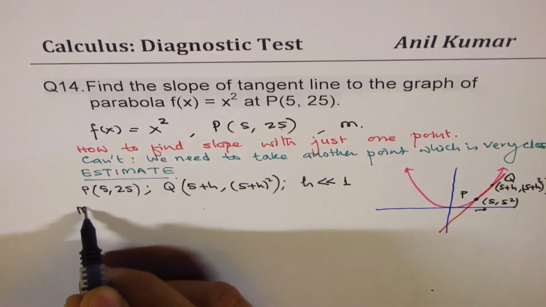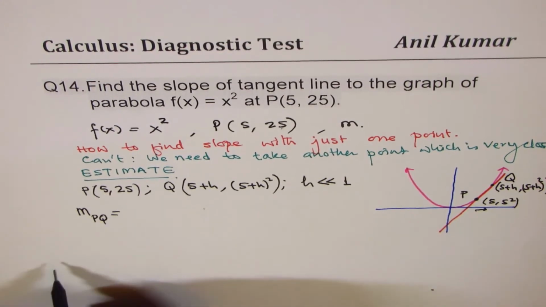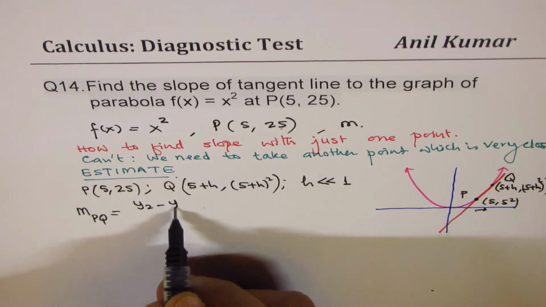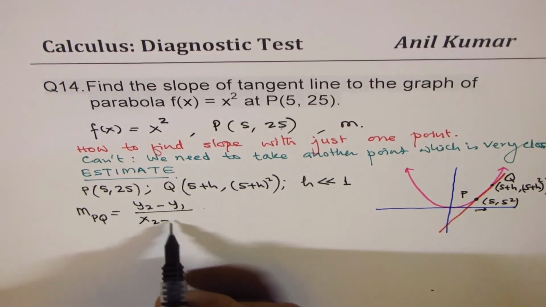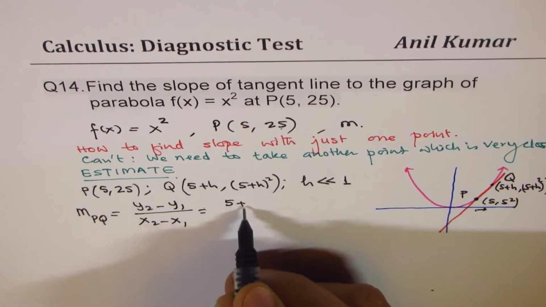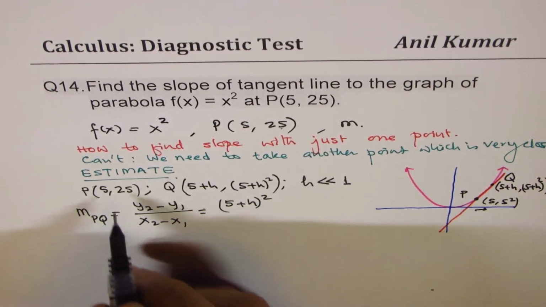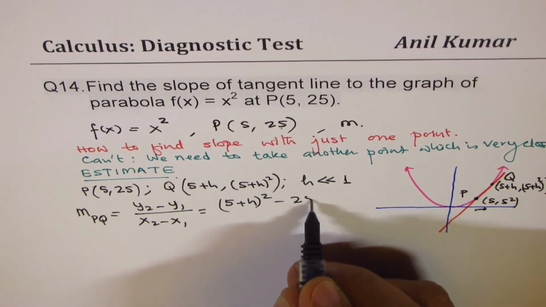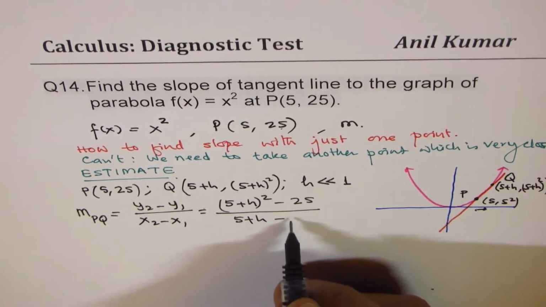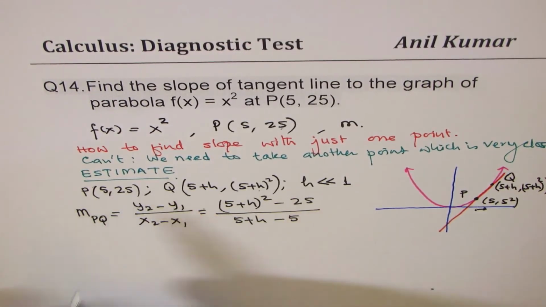So we can say slope between P and Q will be the same formula, y2 minus y1 over x2 minus x1, correct? y2 here is (5 plus h) whole squared. y1 here is 25, divided by 5 plus h minus 5. Perfect. This minus this divided by that minus this.